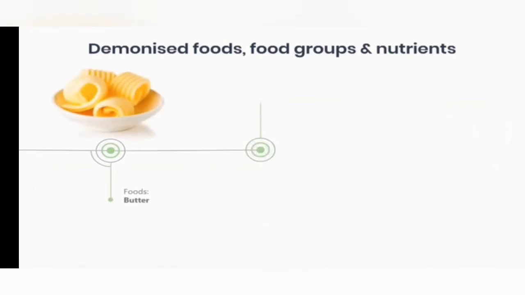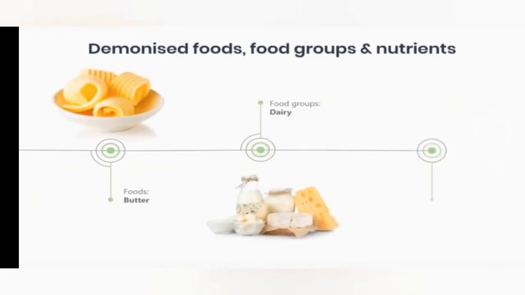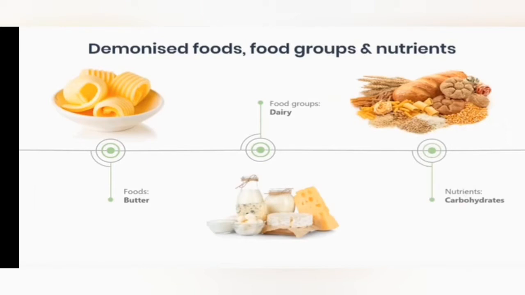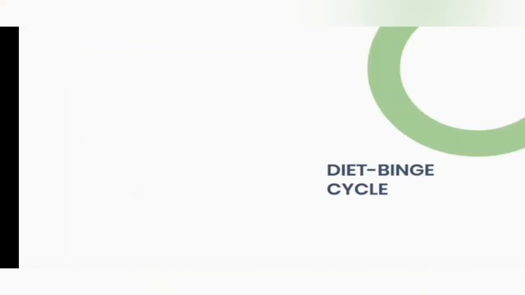People are taking diminished food groups and nutrients without any conceptual understanding, like butter, dairy products and carbohydrates. We are taking them individually without any sequence pattern, without any guide or regulation. So we shouldn't do that. We need to understand that the combination of diet is most important.